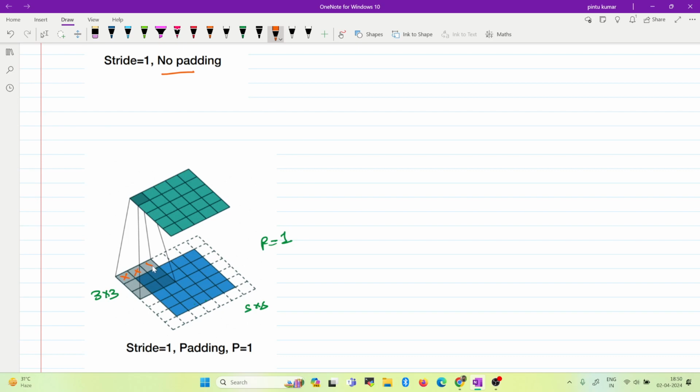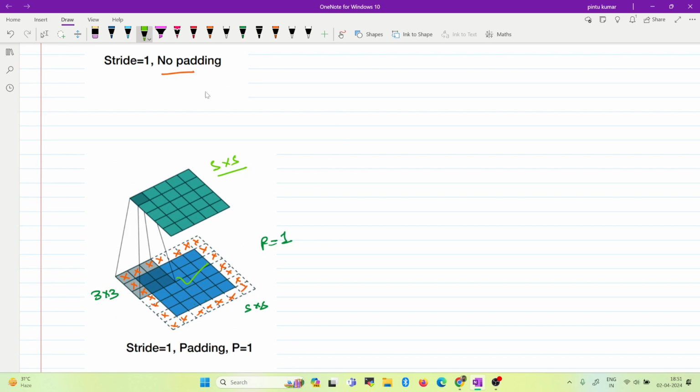At these points that I'm crossing out, we can't fit a 3 cross 3 filter, but at the rest of the points you can fit. So its size would remain 5 cross 5. Just see and verify that at the other points you can fit in this filter.